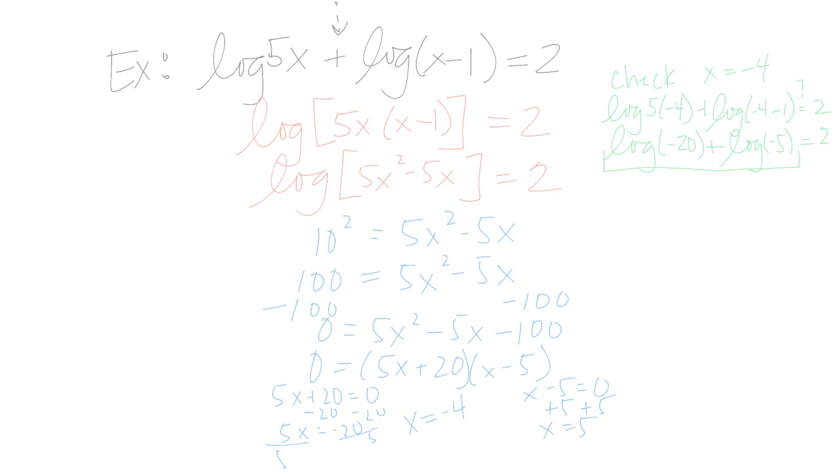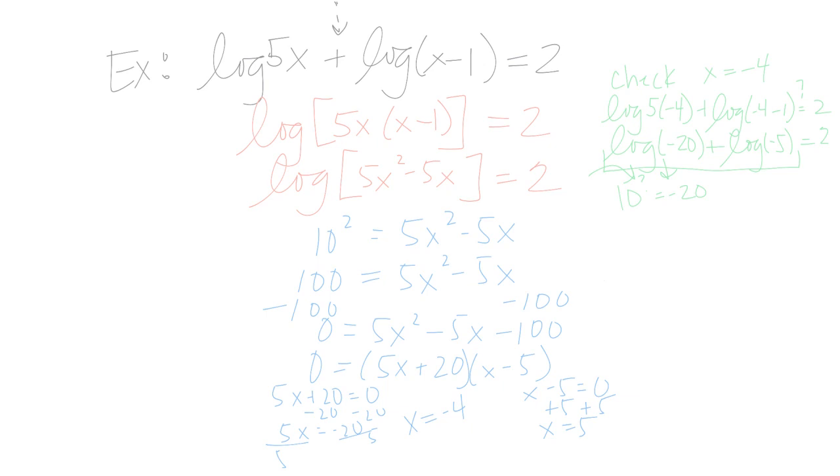It should make sense also, like if I looked at this one, the definition of this one would be 10 to what power equals negative 20. Well, that's never going to happen. You're never going to be able to raise 10 to a power and get a negative. Any power, even if it was a negative exponent, we would get, for instance, 1/10 if it was negative 1 for the exponent.